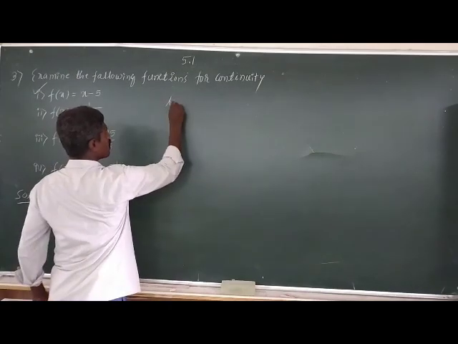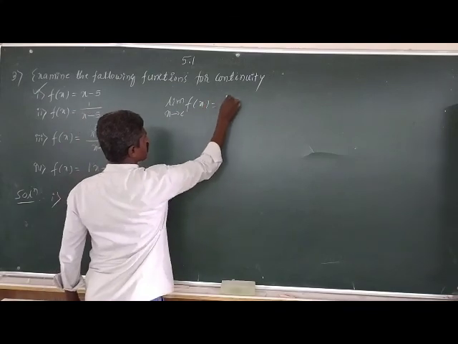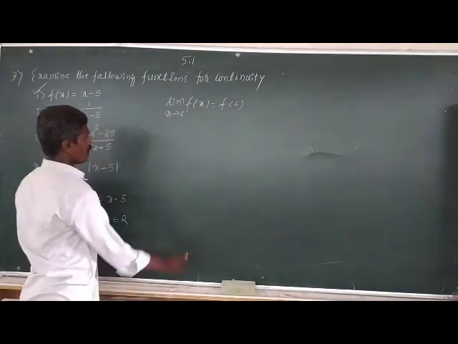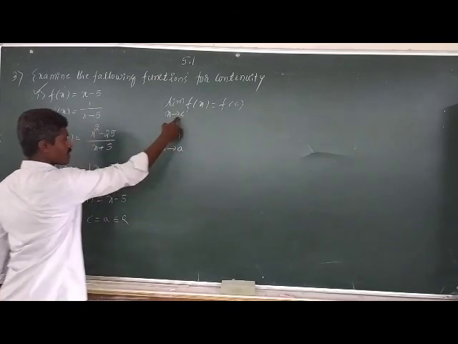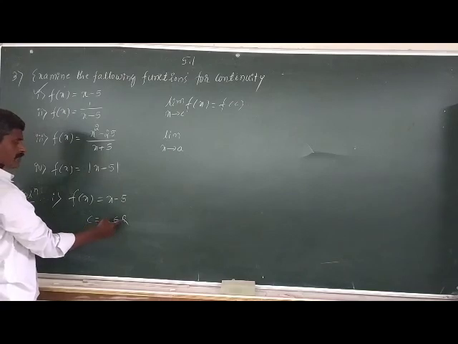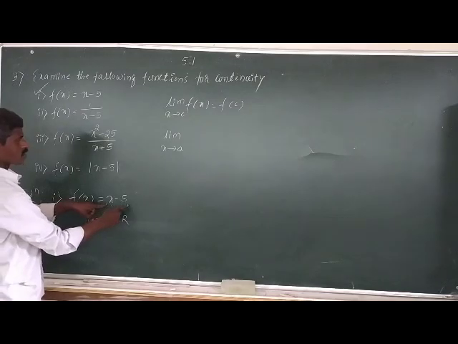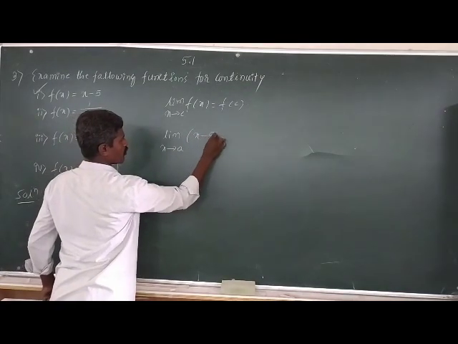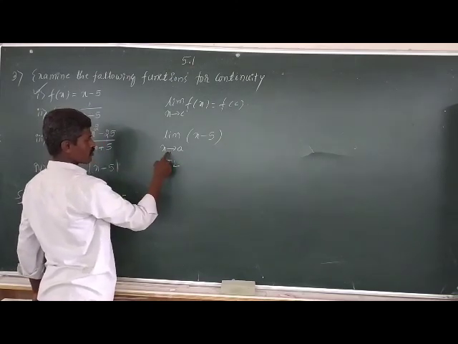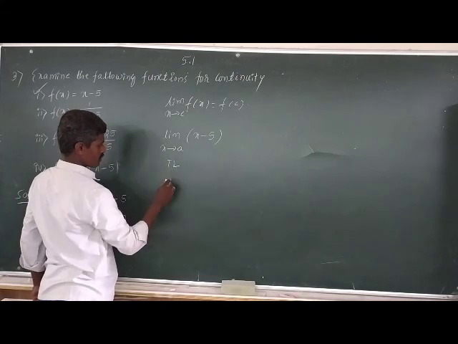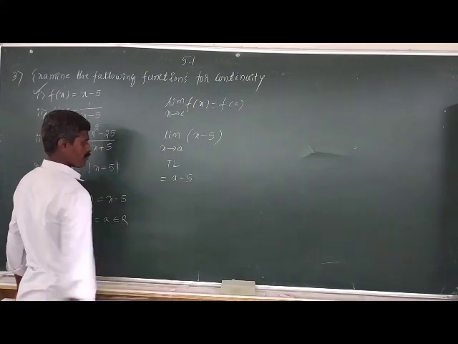Hence we use the formula limit as x tends to c of f of x is equal to f of c. Now limit as x tends to a, because in place of c here we have a. A is some real number. What is f of x here? The function is x minus 5. Taking the limit, put x equals a in this function, that is a minus 5.